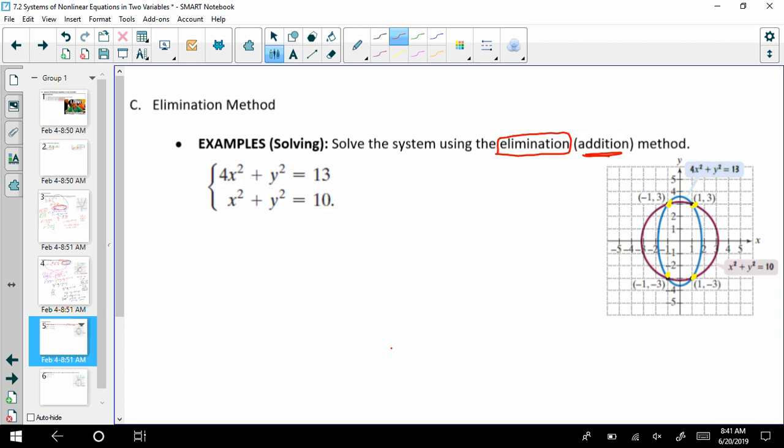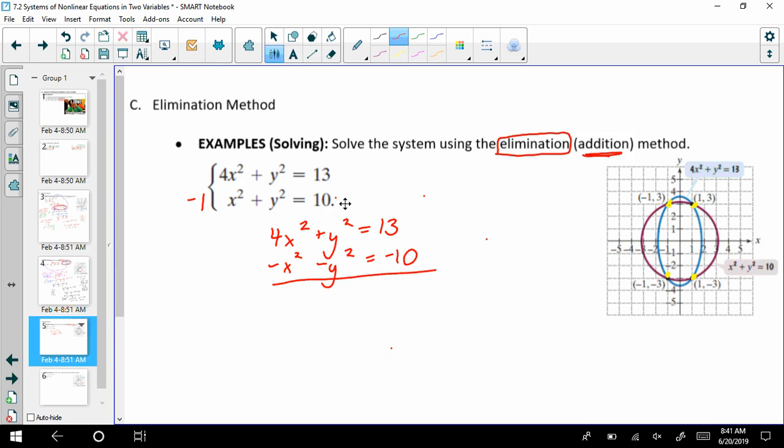I would do the y squareds because they're already both 1's in front. I just need to turn one of them opposite. So I think I'm going to multiply the bottom equation by a -1. So I'm going to leave the top guy alone. But the bottom one is now going to be a -x squared minus y squared equals -10.